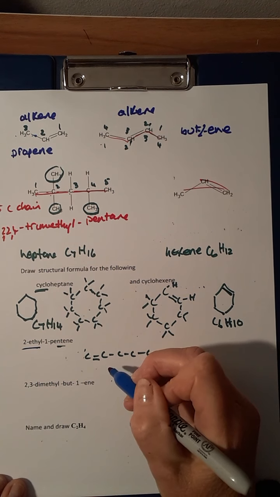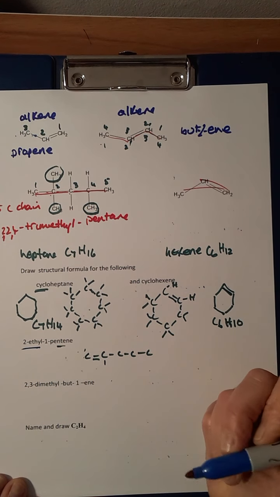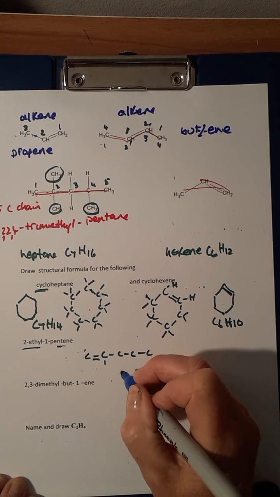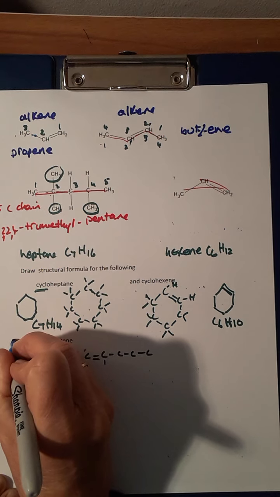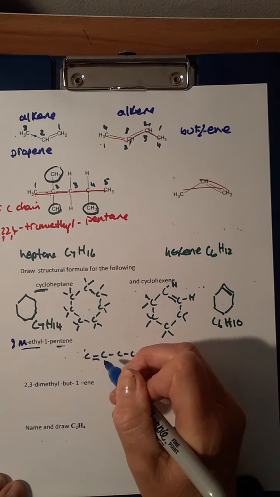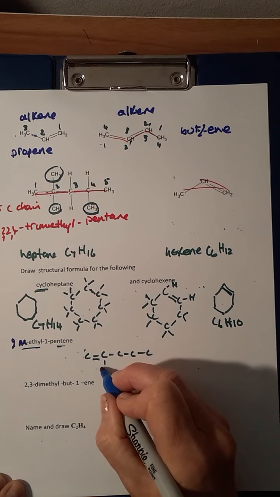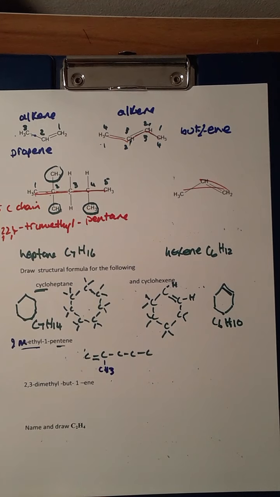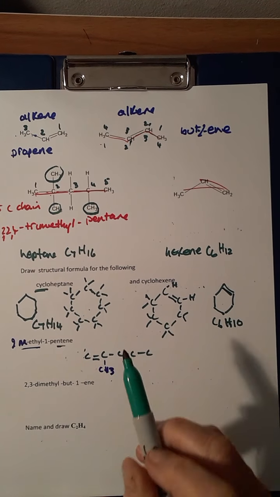So I'm going to put here on carbon number 2, I think that should be methyl actually, sorry, that should be methyl. 2-methyl. So on carbon number 2, I'm going to put a methyl group. Methyl group is CH3.